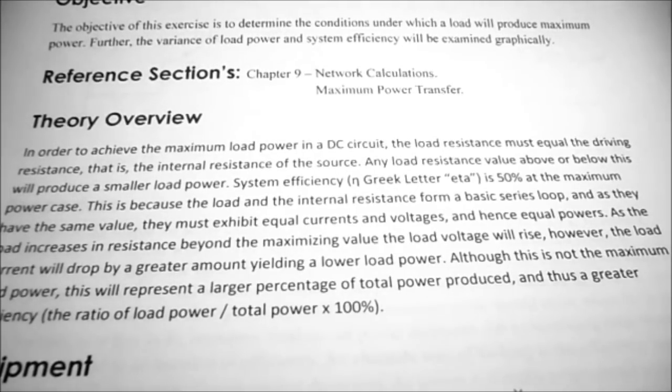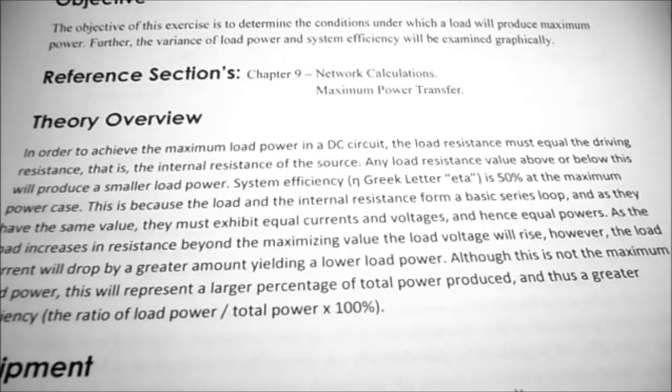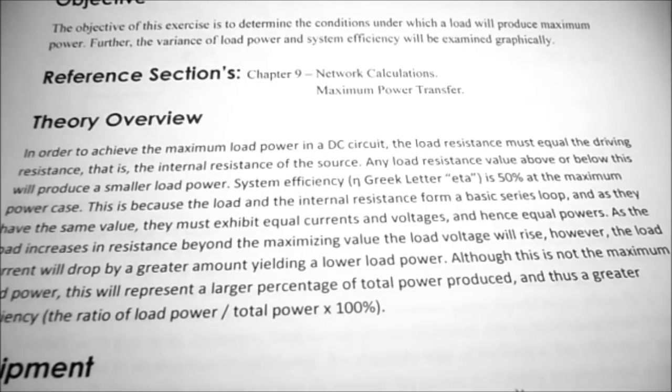System efficiency, for which we use the Greek letter eta, is 50% at the maximum power case. This is because the load and internal resistance form a basic series loop, and as they have the same value, they must exhibit equal currents and voltages, and hence equal powers.